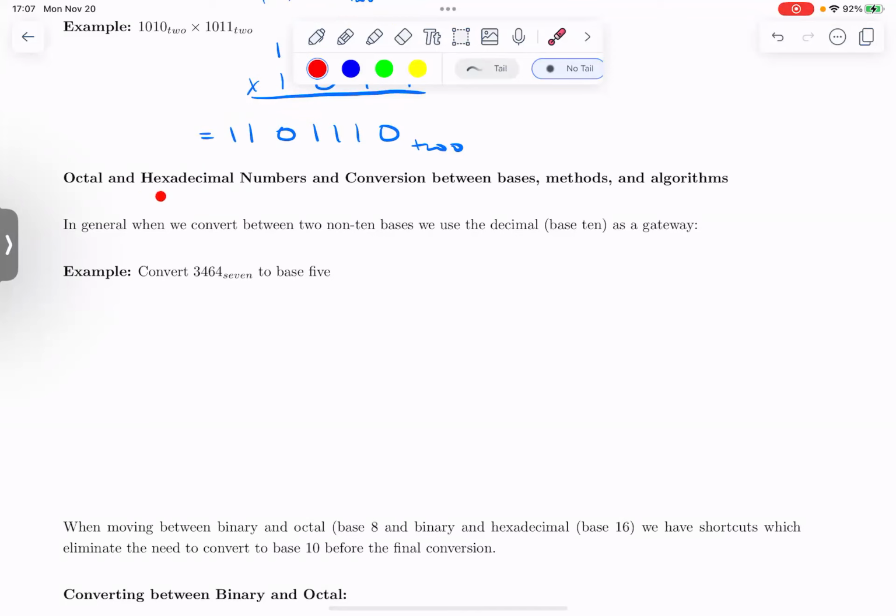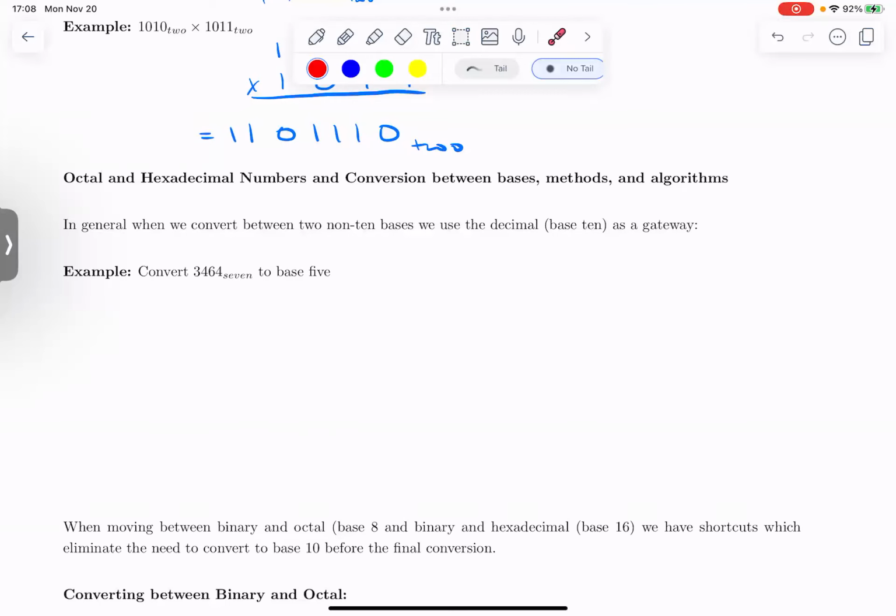Octal and hexadecimal numbers and conversions. So in general, when we convert between two non-10 bases, we use the decimal, so base 10, as a gateway. Going from base 7 to base 5, you have that fancy base button.